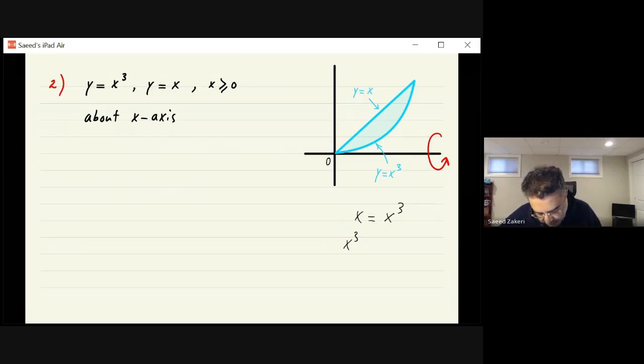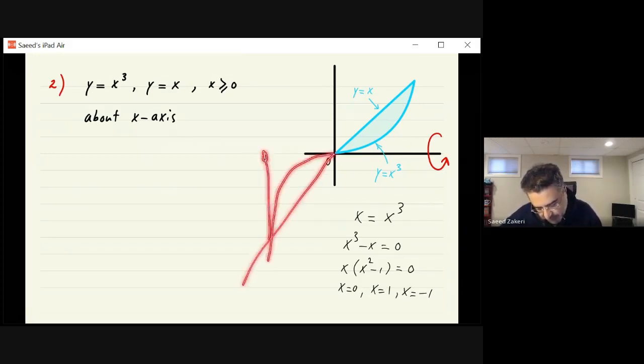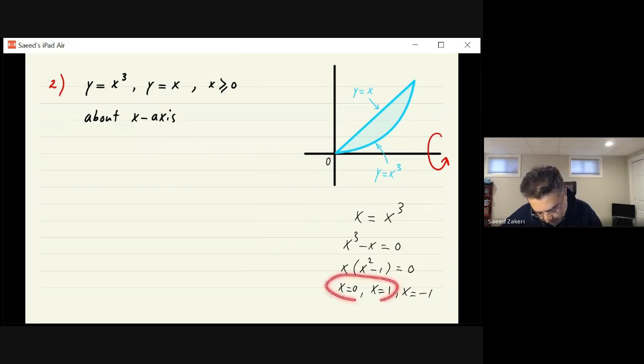So that's x cubed minus x equals 0. If you factor, x times x squared minus 1 is equal to 0. So either x is 0, or x is 1, or x is -1. -1 is the other point of intersection over here, which is irrelevant. So the only relevant values are 0 and 1.